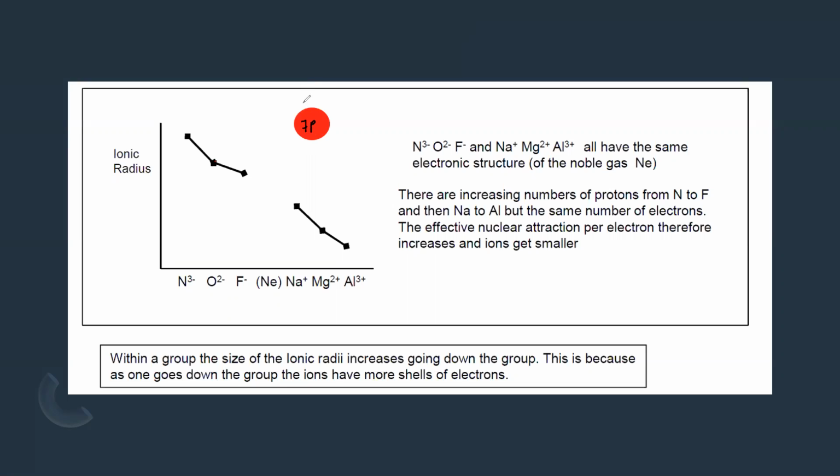And nitrogen is a non-metal. So a non-metal reacts by gaining electrons. So it took 3 electrons. This is normal nitrogen: first shell 2 electrons, second shell 5 electrons. But what happened?